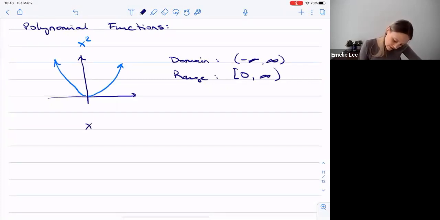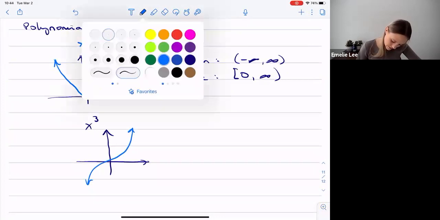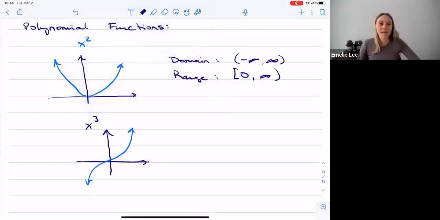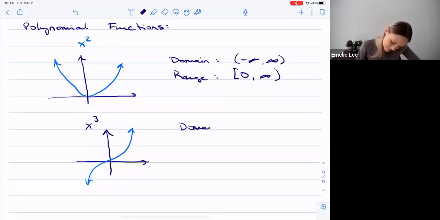Or if we have x to the power of 3, something like this, the domain again is negative infinity to positive infinity.